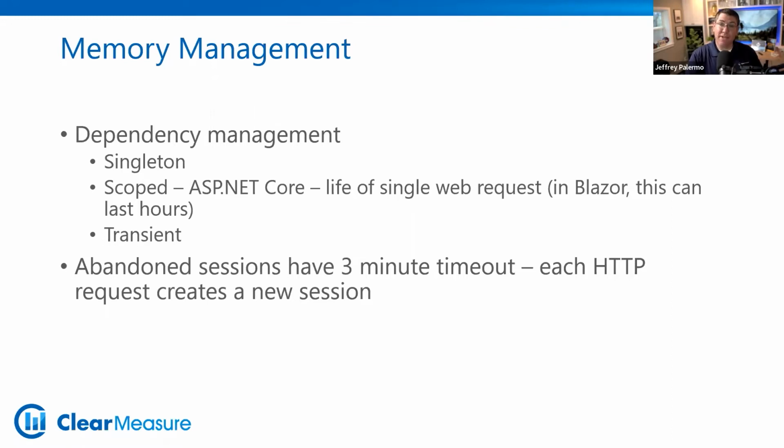For WebAssembly, scoped is kind of irrelevant because the life of a web request is the web request that loaded the WebAssembly application. That WebAssembly application is running in a particular user's browser as an independent process. So the scope of the web request is just as long as the scope of that user's session, which is just as long as the scope of that running process in the browser until they close that tab.